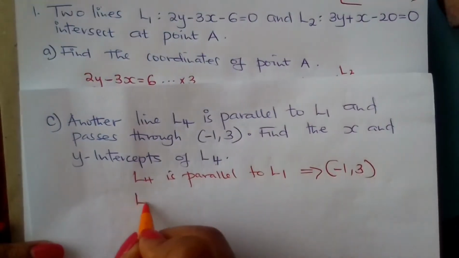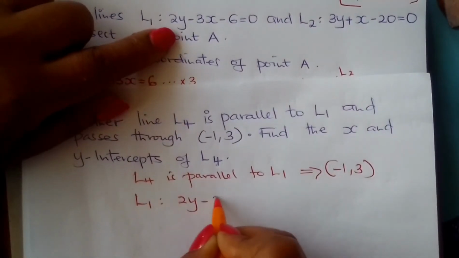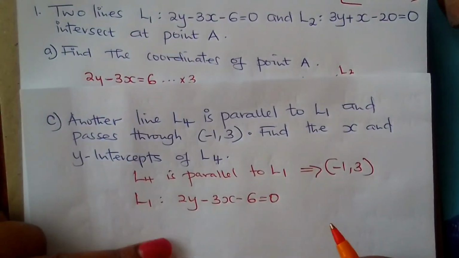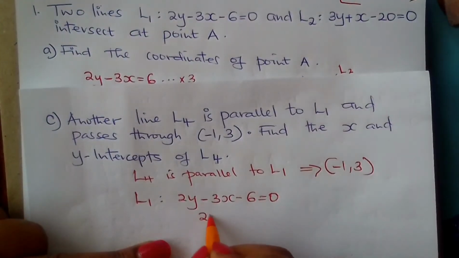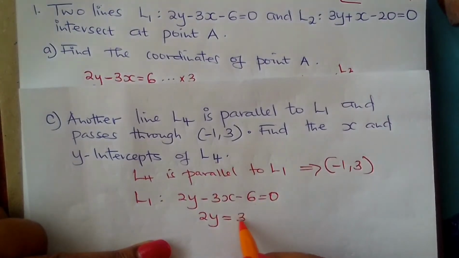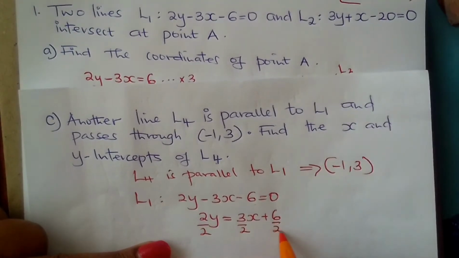Equation of L1. The equation of L1 was that, all the way from the beginning. Get its gradient. So 2y is equal to what? Take these two terms to the other side. You'll get 3x plus 6. Divide by 2, divide by 2, divide by 2.